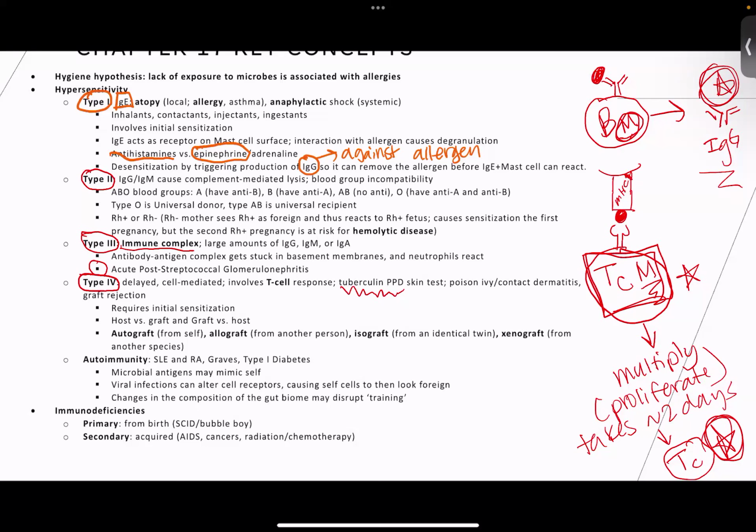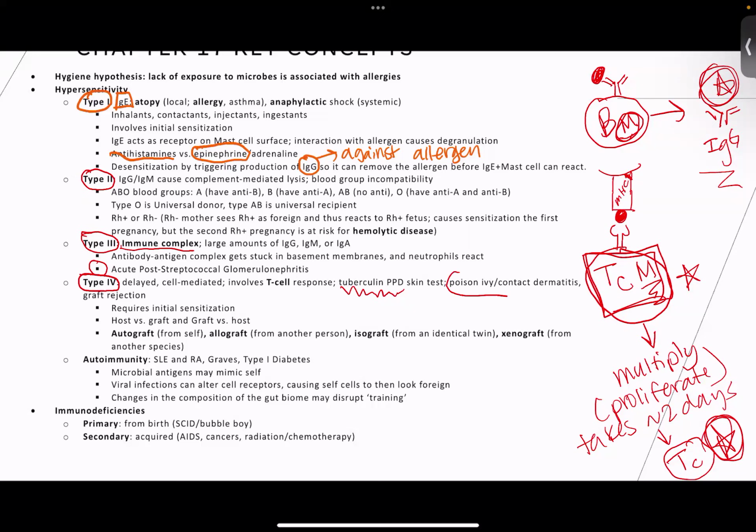That's because tuberculosis bacteria lives inside of cells. And so you will actually see your cytotoxic T cell response in that inflammatory area in your skin a couple days later because of that T cell memory if you have had tuberculosis and seen it before. If you haven't seen it before, you shouldn't be getting that response.